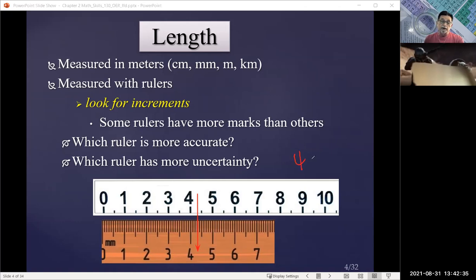Approximately 5.3 maybe. Okay. Whereas over here, the bottom one, I can go 4.321. So you can see with the bottom ruler, we can go 2 decimal places compared to the top one, which is 1 decimal point. Okay, so that top one has a lot more degree of uncertainty just because the measurement tool is a lot less accurate.